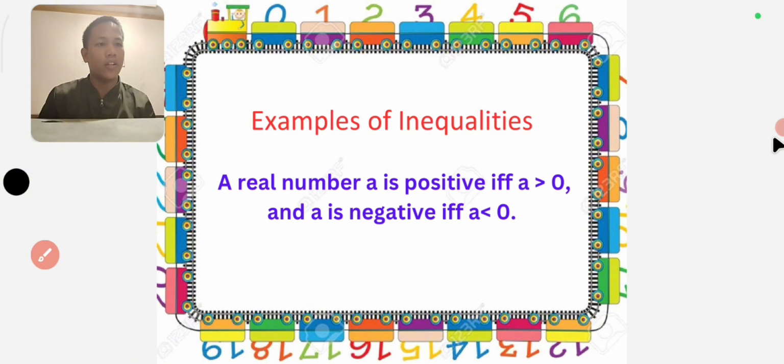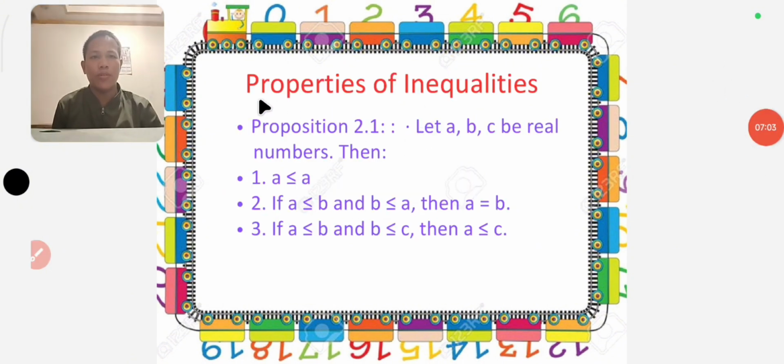That's for that part. Let's continue. Going on to the next proposition, let A, B, and C be real numbers. Then A is less than or equal to A. That's very easy to understand.